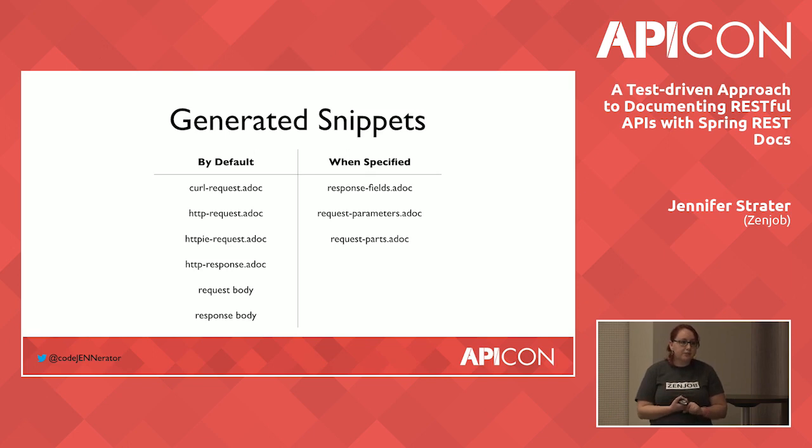So you get that curl statement, you get an HTTP request, and if you're a fan of HTTPie, you get that too. That's newer, I think that's either 1.1 or 1.2 of Spring REST Docs. And then you can just pull out pieces of it. So if you only want to show what the request body is, but not all the information about status codes and content types and everything, you can just show that part.